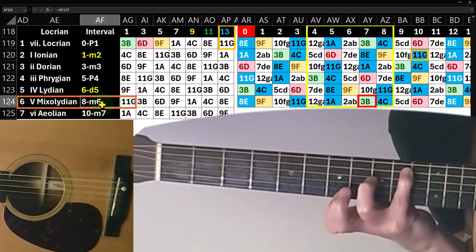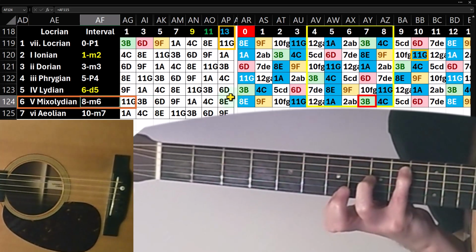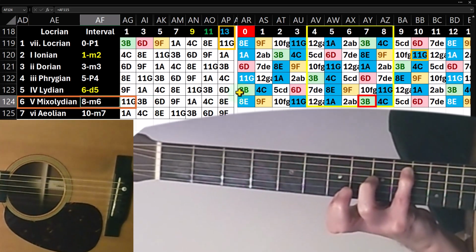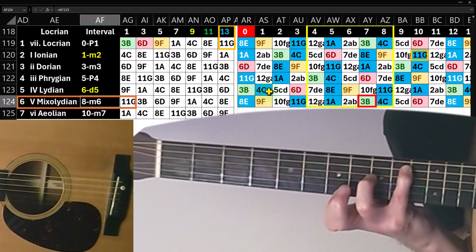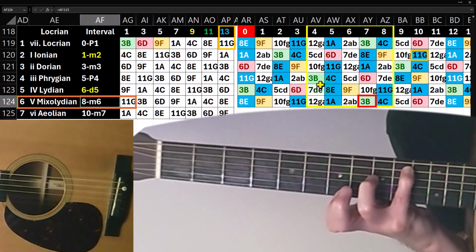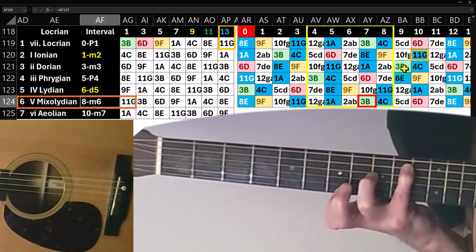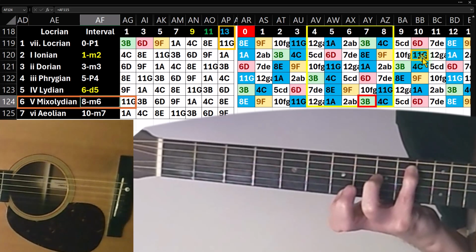Therefore, if I go up 4 strings, I'm always going to cross the fault line because I can't go up 4 strings and not cross the fault line, and therefore the 8 note away minor 6, which could also be called the 8 note away minor 13, will always be 1, 2, 3 frets forward.